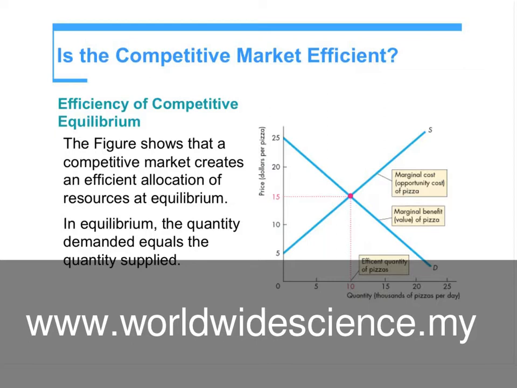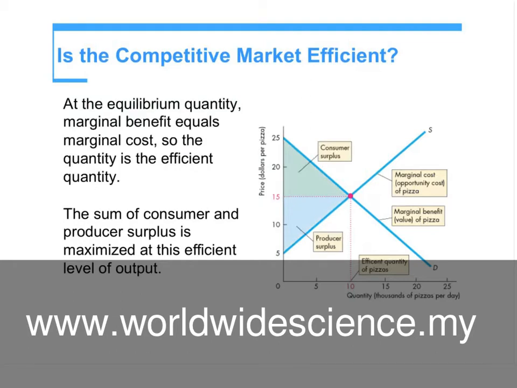So at the efficient market where we have equilibrium, we have this maximized sum of consumer and producer surplus, which means that they are at their maximized level.